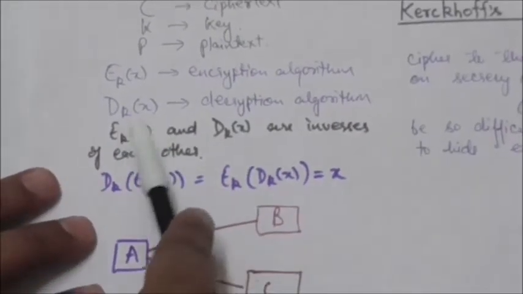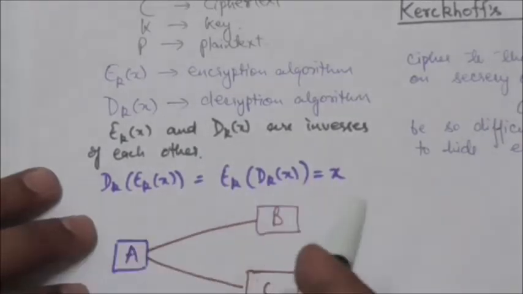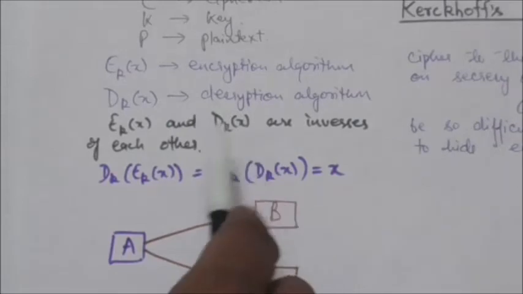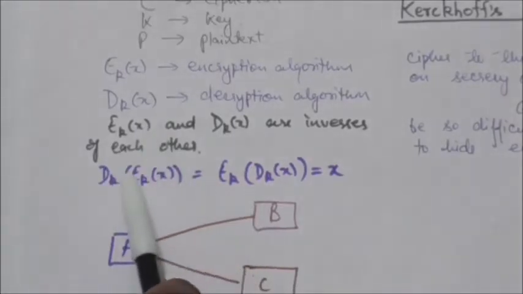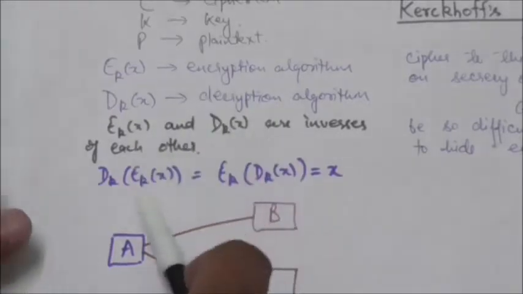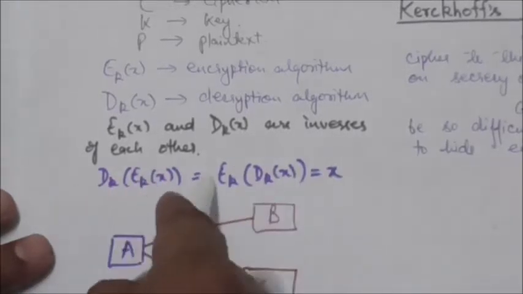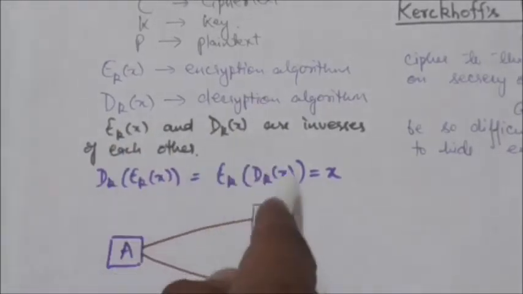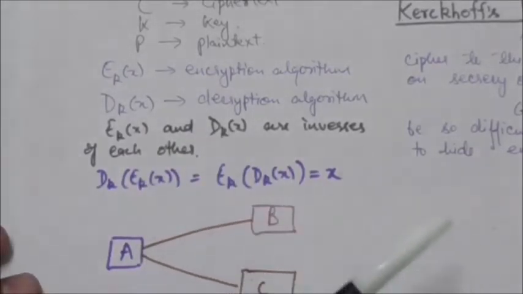So it means they cancel the effect of each other if they are applied one after another on the same input. You can see in this equation that E_K(x) and D_K(x) cancel the effect of each other if they are applied one after the other on the same input.